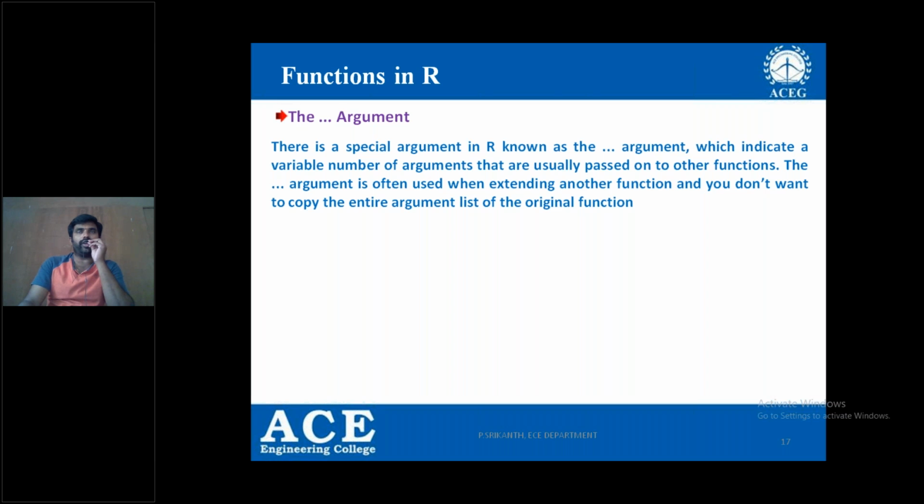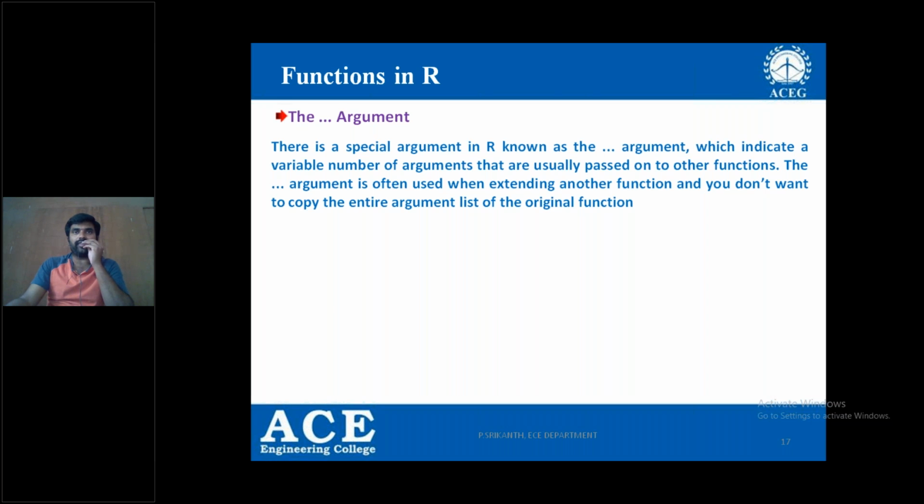I repeat, in the built-in function I have 10 arguments with predefined values, and I would like to change only one value in it. Let it be the first value. And I don't need to write all the other arguments which are already fixed in the function definition.